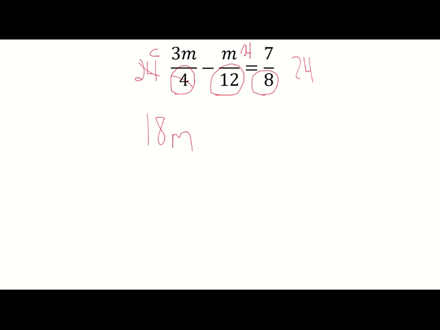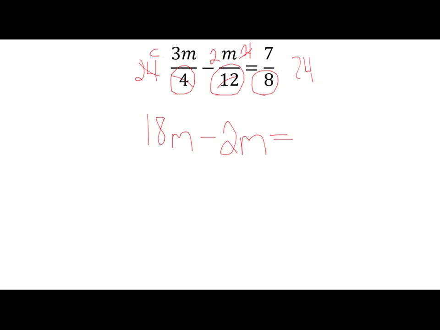I then repeat the process with the next one, m over 12, multiplying it by 24. Well, 12 goes into 24 2 times. So essentially I'm multiplying the m by 2. So I'm subtracting 2m. The 12 canceled out again because it goes into 24.